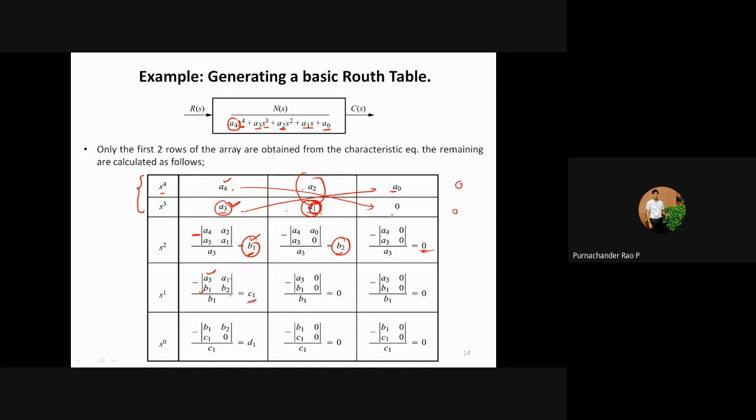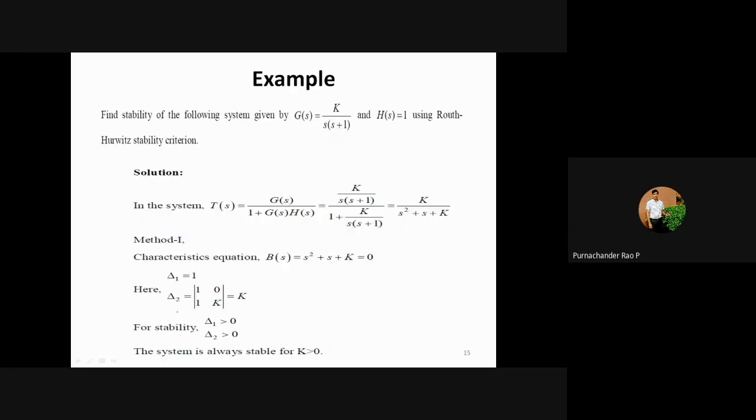So you are going to get c1. Next these two values are zeros, so this is going to be 0. Like that you have to proceed up to the s power 0 term. So this is nothing but the Routh table. This is the way of forming the Routh array.